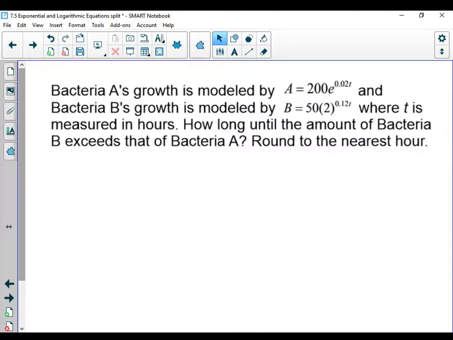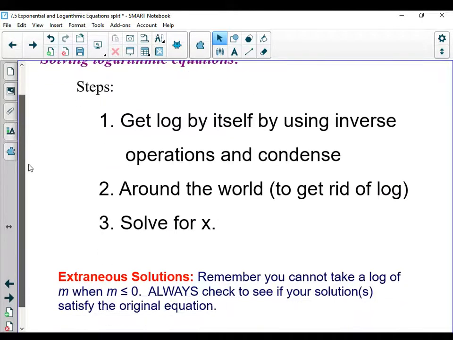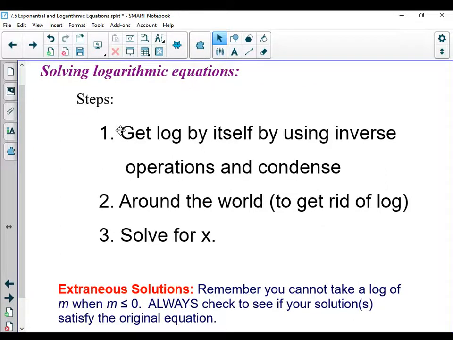So let's look at solving logarithmic equations. For my steps, people, here are your steps. You're going to get the log by itself by either doing inverse operations and condensing. Then we're going to go around the world, which makes the logarithm disappear. Then we're going to solve for x.